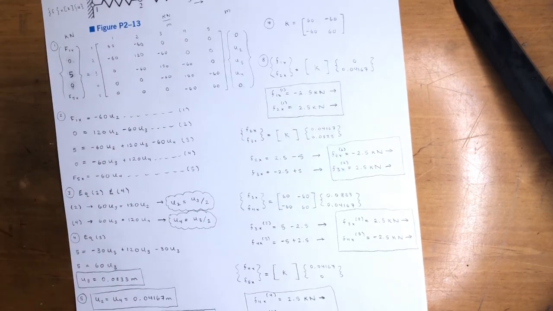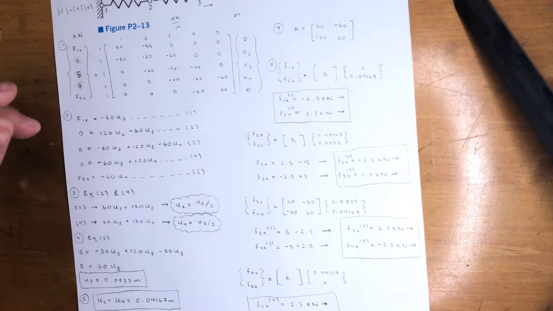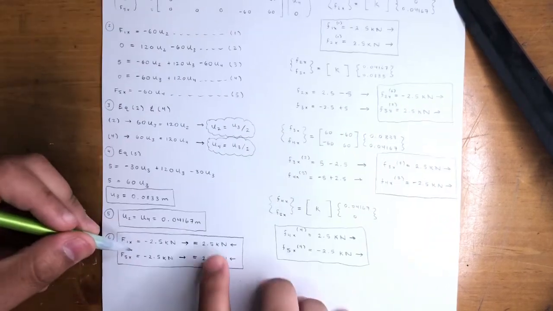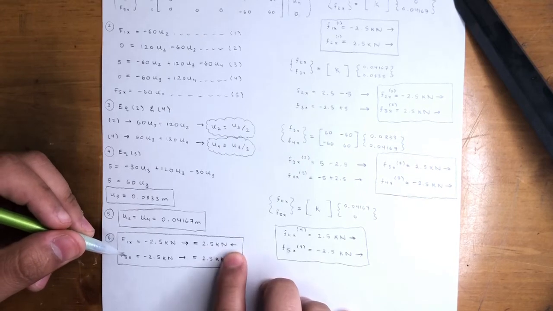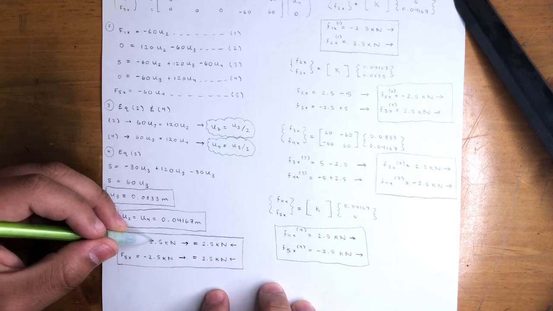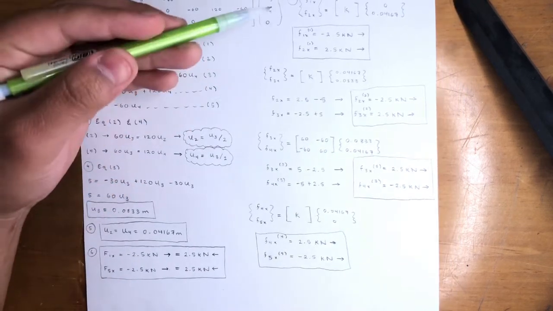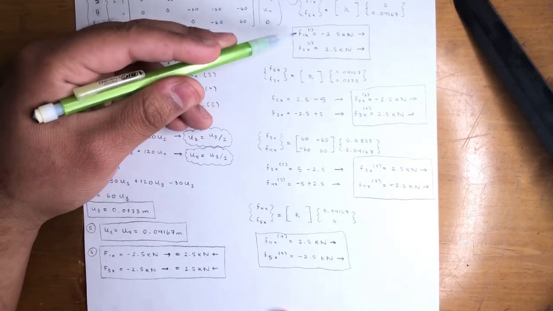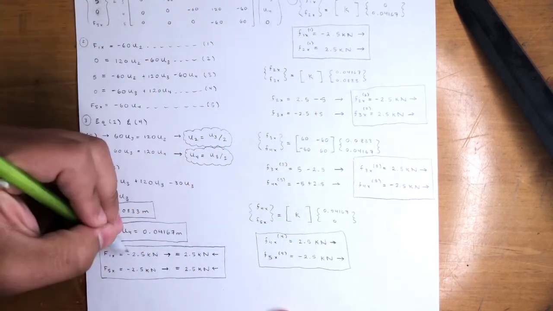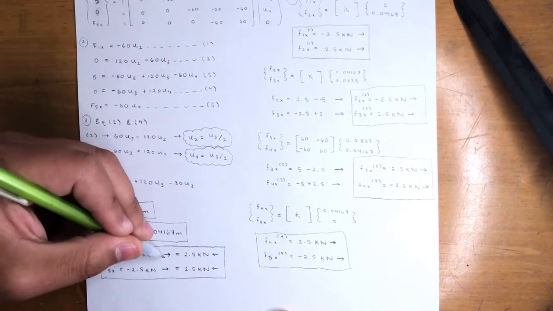So let's do the first one. F1x in this case was equal to 2.5 to the left, or negative 2.5 to the right. Let's stick with this one. Negative 2.5 to the right. That means when you add all the F1s up, you're supposed to get negative 2.5 to the right.